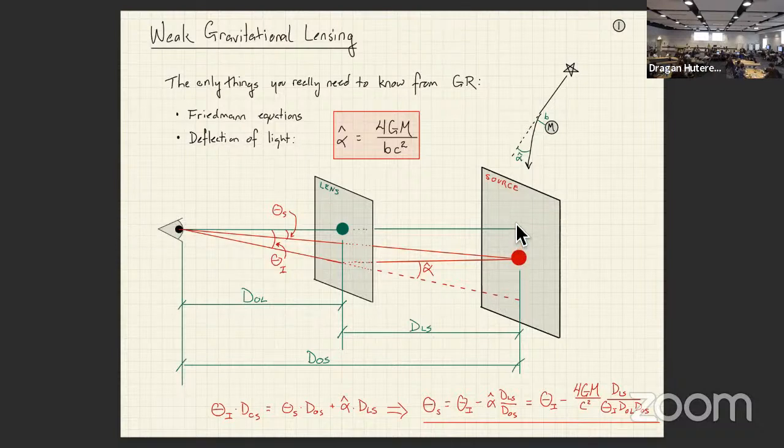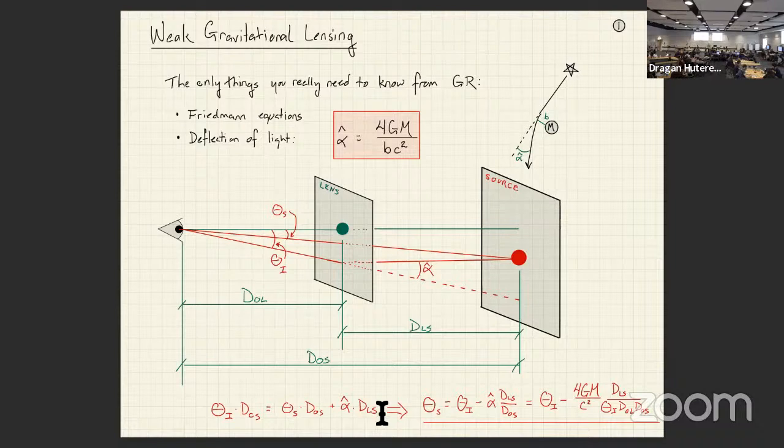But it also can be expressed as the sum of this distance, which is theta s times, again, the distance from observer to source, plus alpha hat times the distance from the source true position to its apparent position, right? So this equation here, theta I times DOS equals theta S times DOS plus alpha hat times DLS, comes from that geometry. Does that make sense?